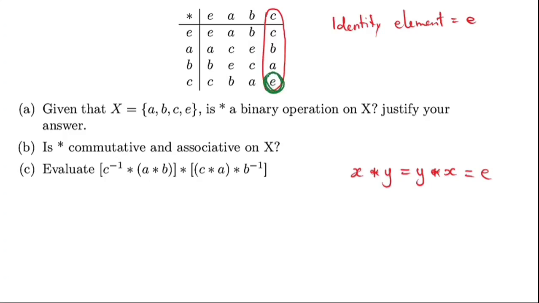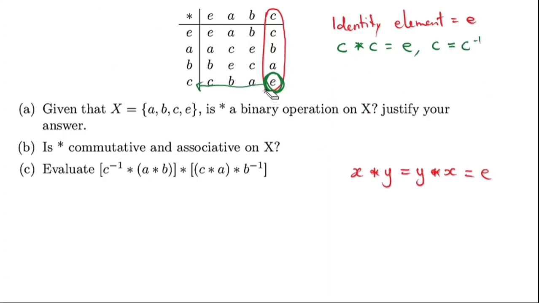So if this is our identity element, it means that what we're looking for is C. In other words, C star C gives us the identity E. So this automatically means that C is equal to C inverse. Okay. Now, I know it might not make sense, but let's do the other one as well.